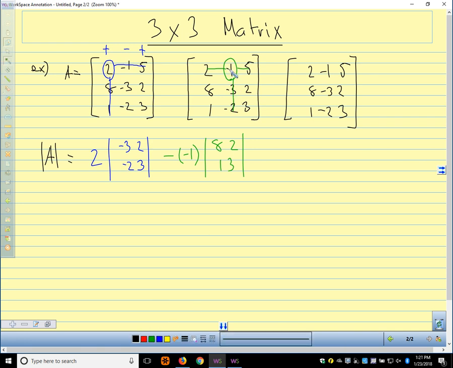And then for the last step, I'm going to take the plus, and I'm going to take this number, and I'm going to cross out the first row and the third column, and find the determinant of that 2 by 2 matrix that's left.